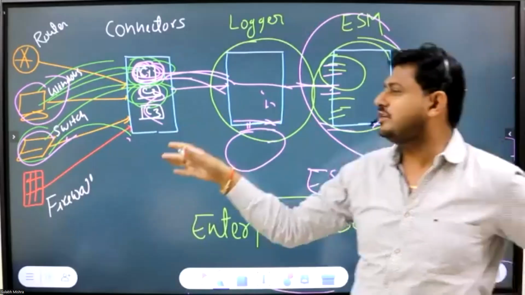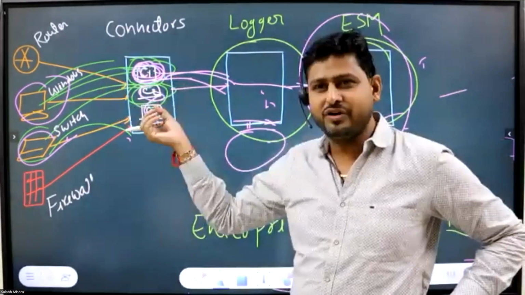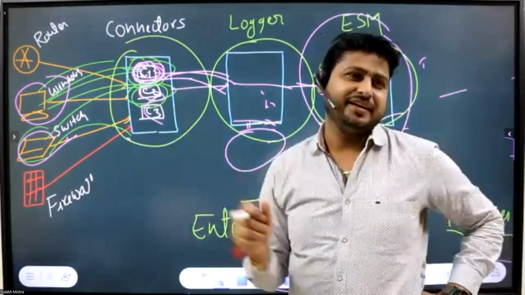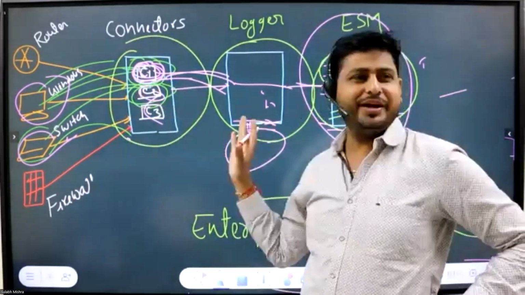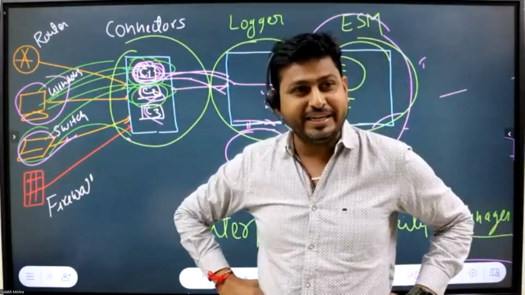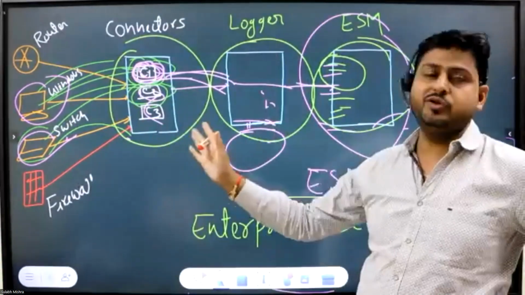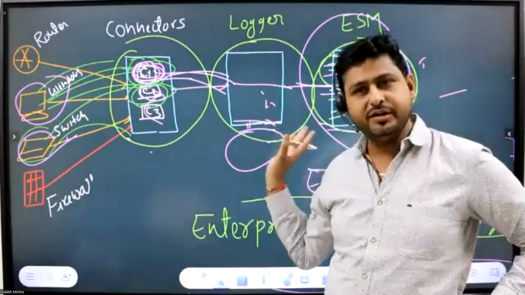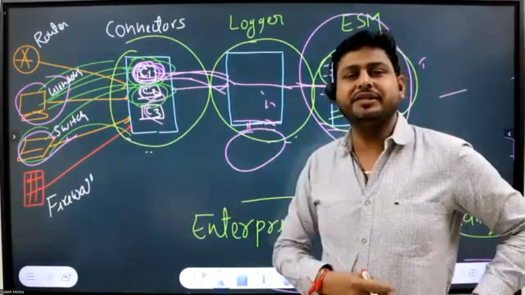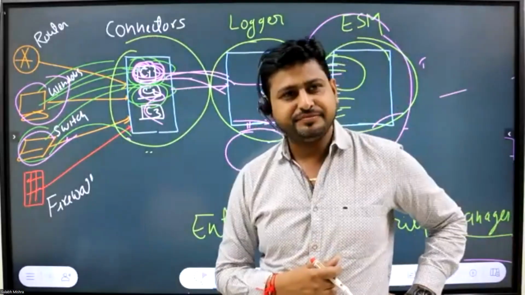And collection of logs, normalization, and parsing in a common format is performed by the connector. So these three components perform different activities. That's the reason we say Arcsight has a distributed architecture, because different components perform different activities.